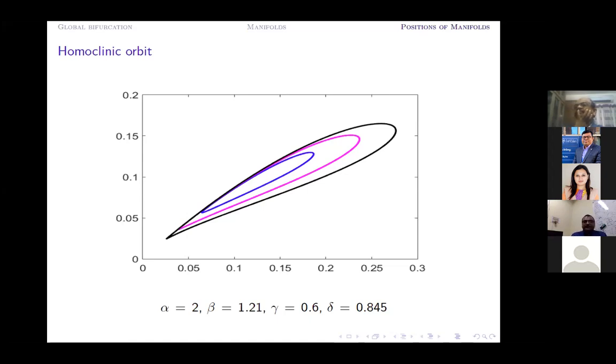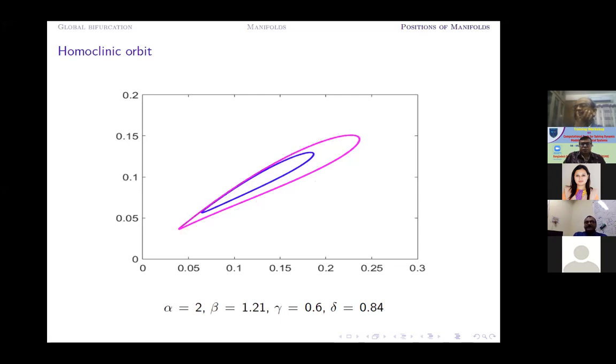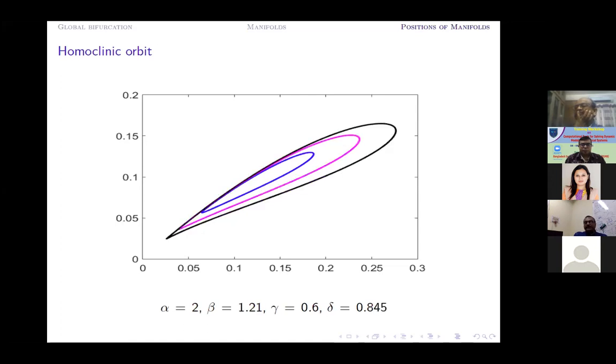My point is that whether by plotting the manifold or by plotting the limit cycle, you are going to catch the homoclinic orbit, that is completely your choice. The three different values of parameter delta I have mentioned are 0.83, 0.84 and 0.845.